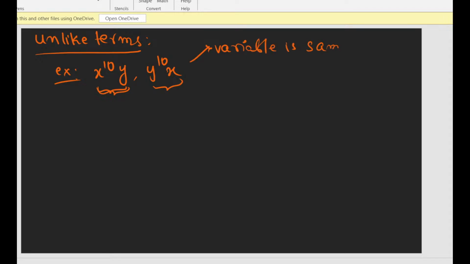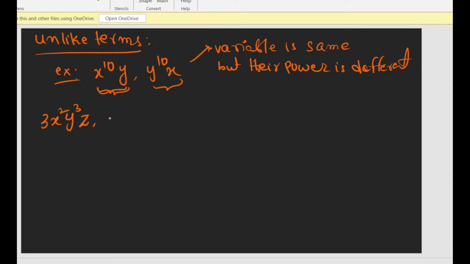If their powers are different, we can say these are unlike terms. For example, 3x square y cube z and 3x square y, z cube. Can we say this is a like term? No, it is not a like term, it is an unlike term. These are the unlike terms.